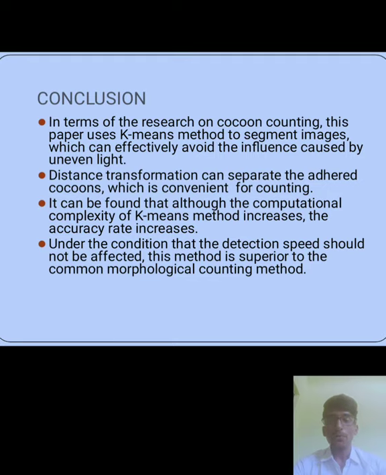It can be found that although the computational complexity of the k-means method increases, the accuracy rate increases under the condition that the detection speed is not affected. This method is superior to the common morphological counting method.